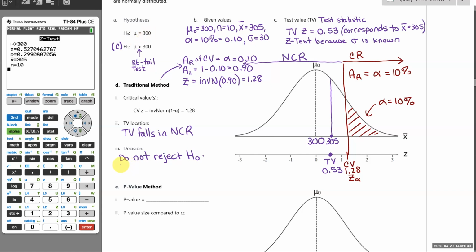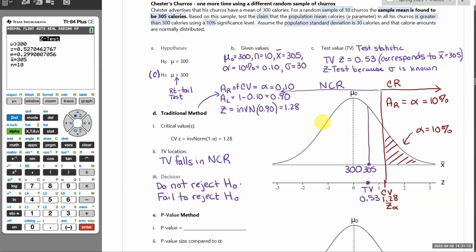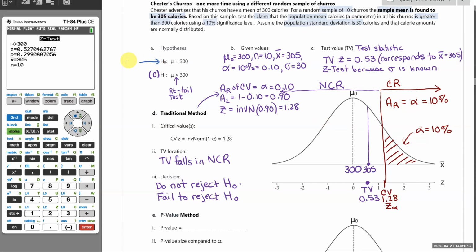So you can say do not reject it, or sometimes we say fail to reject it. But we're always addressing that word reject. Do we reject or not? So in this case, if we don't reject it, we just don't have enough evidence to reject it. That means that we don't have enough evidence to support our claim.